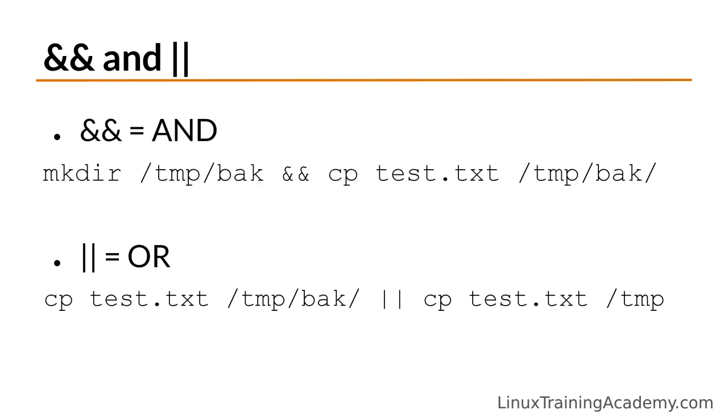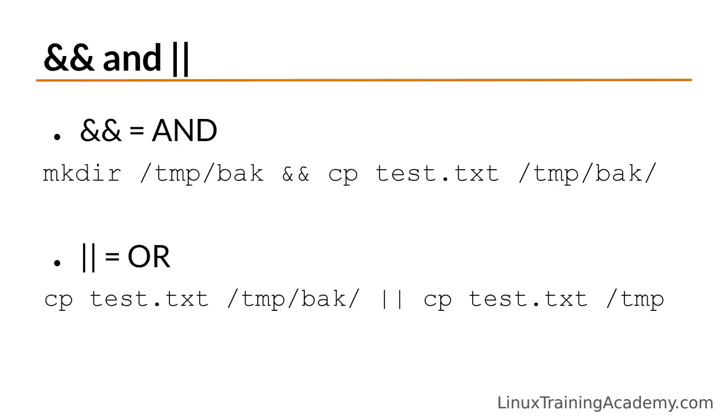Said another way, the command following a double ampersand will only run if the previous command exits with a 0 exit status. In the example on the screen, mkdir /tmp/bak is executed. If it succeeds and returns a 0 exit status, then, and only then, will the cp command be executed. In this example, you can see that there is no need for the cp command to be executed if the directory wasn't able to be created.